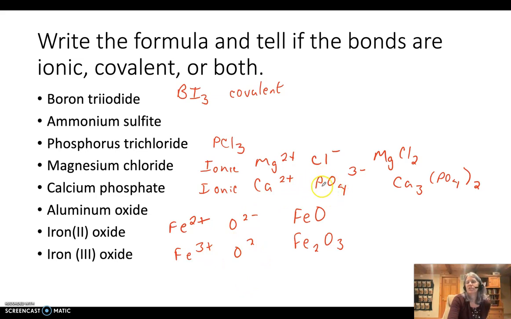Phosphorus bonded to oxygen, and phosphorus and oxygen are nonmetals, right? So we have covalent bonding in that one. So that's the key. Look for the metal. If there's a metal, it's ionic. Look for a polyatomic ion. If there's one of those in there, that part of it's covalent. If there's no metals at all, it's completely covalent, right? And make sure we understand the rules for how we have to name them.